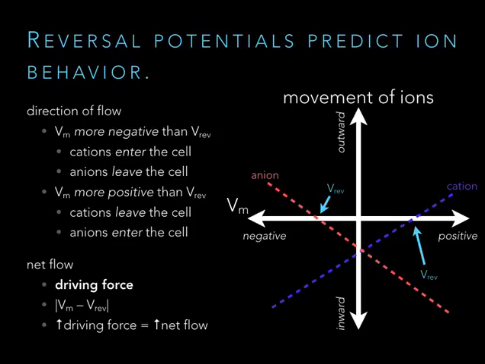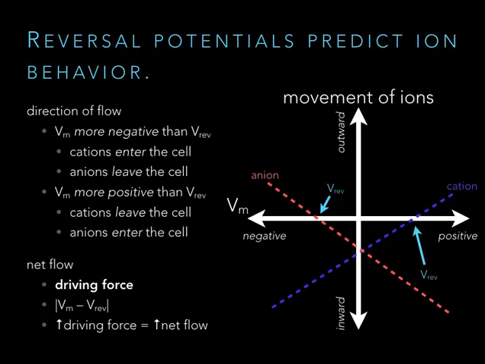On the other hand, at resting membrane potential, at that negative membrane potential, there is absolutely a driving force, because negative 70 minus positive 56 is going to give us negative 126. So we have a driving force here to cause sodium to move into the cell.